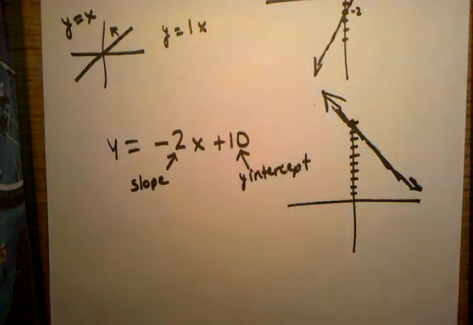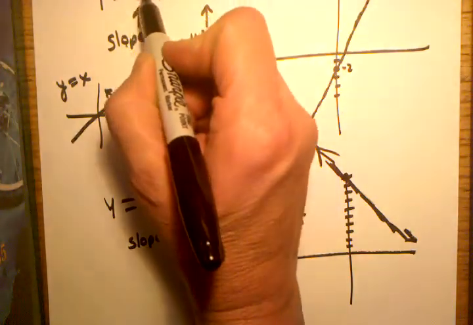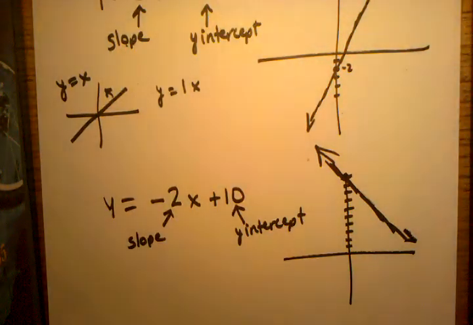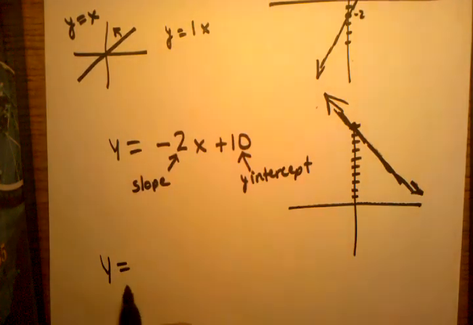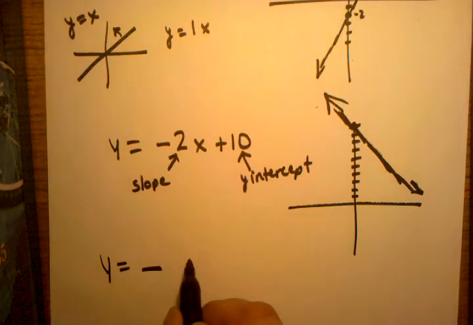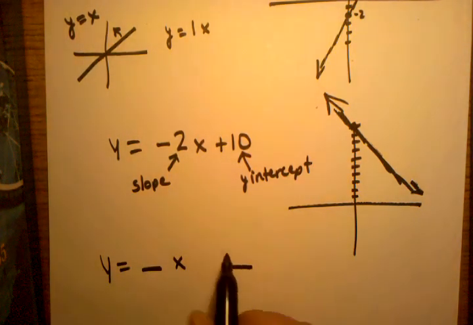Okay, so a good way to understand the slope-intercept form of linear equations is to practice by coming up with different equations, and always put them in this form: y equals something times x, and then there's a number that goes there, and it's either going to be plus or minus that number.